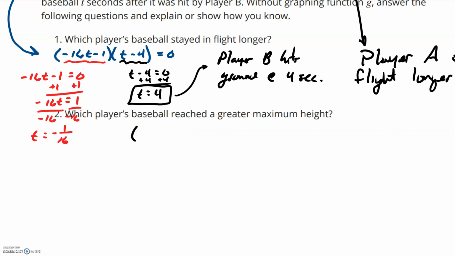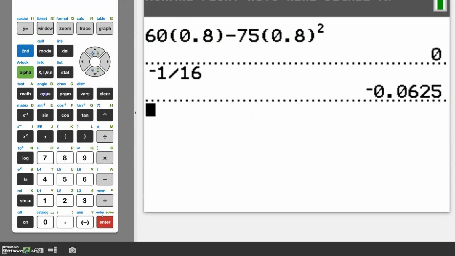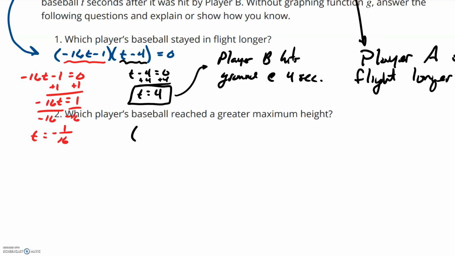We have negative 1/16, and we can change that to a decimal by dividing it out. It's negative 0.0625, comma 0, and my other x-intercept here is 4, 0.